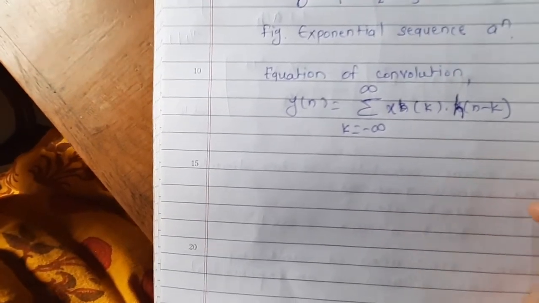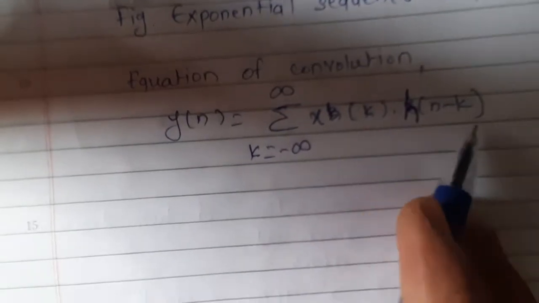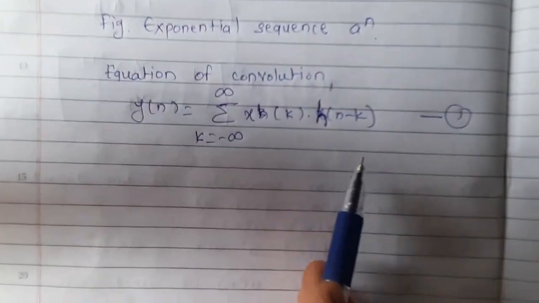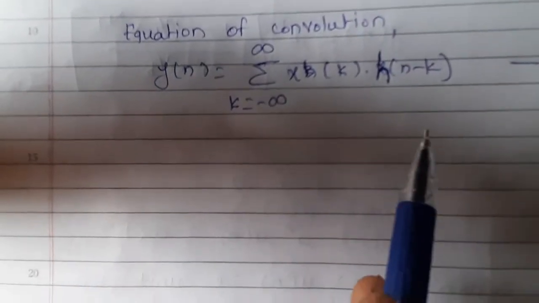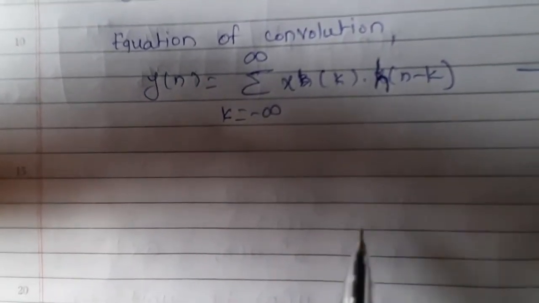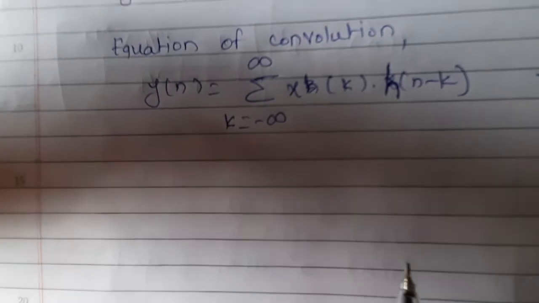This is equation 1. Now in this equation h of n minus k is a delayed version of h of k. So instead of that we can delay x of k and keep h of k as it is.